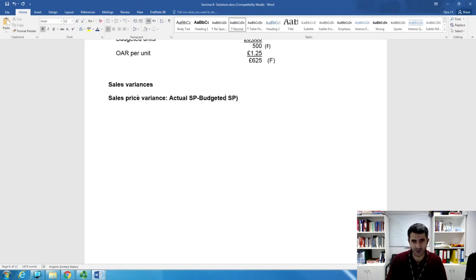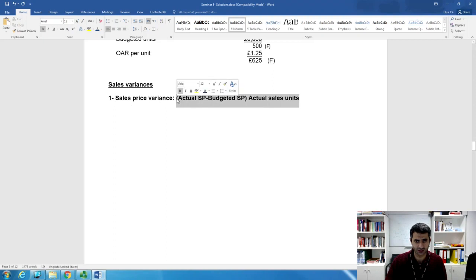Of course, when I say selling price, I mean per unit. Then you multiply by the actual sales units. Okay, lovely, so this is the formula. Let me put this in and apply the formula.